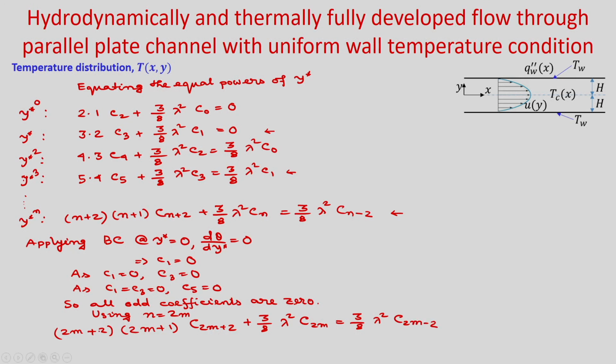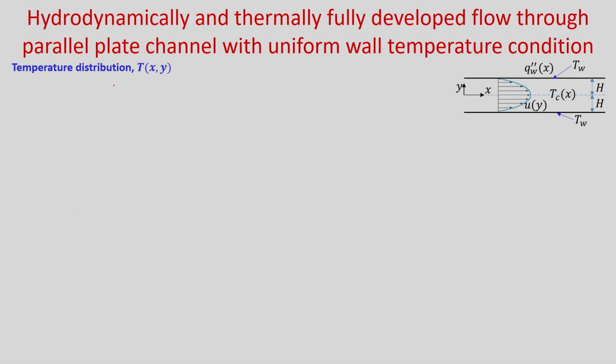If you divide it, you can write C_{2m+2} is equal to 3 by 8 lambda square divided by twice m plus 2 twice m plus 1, into C_{2m-2} minus C_{2m}.